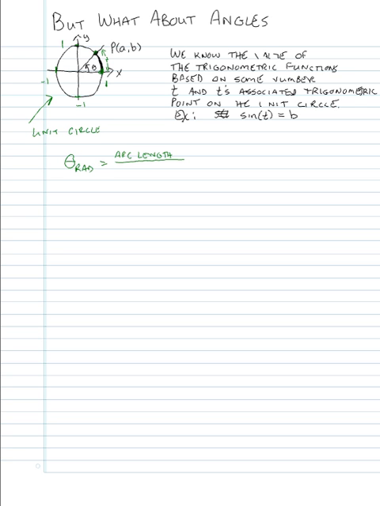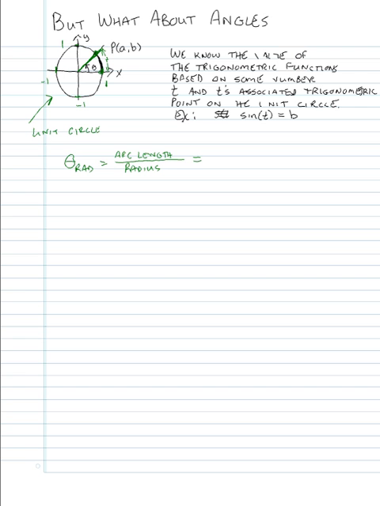We've got an angle, and that angle cuts off a place on the circle, in this case a unit circle. And if we measure the distance from this point 1, 0, where we started a while ago, to that place the angle intersects on the unit circle, that's the arc length, okay? And then we divide by what? The radius of the circle, don't we?